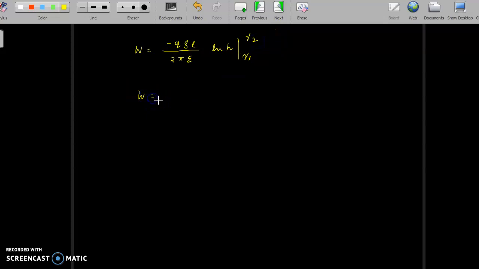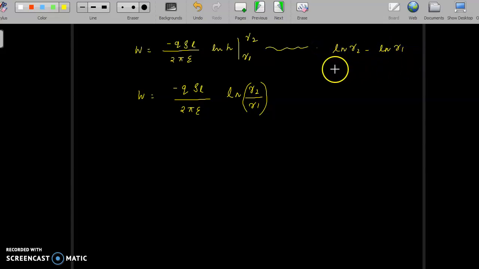So W becomes minus Q rho L over 2 pi epsilon, natural log of R2 by R1, because if you expand this, it becomes natural log of R2 minus natural log of R1, which is equal to natural log of R2 by R1.